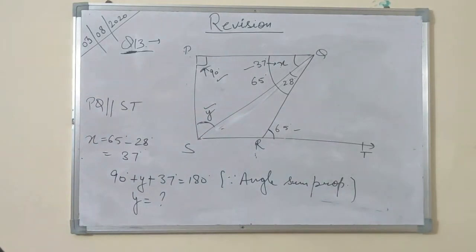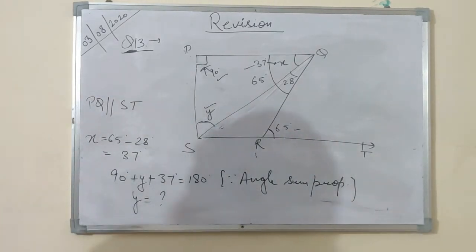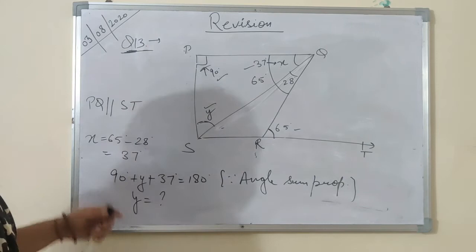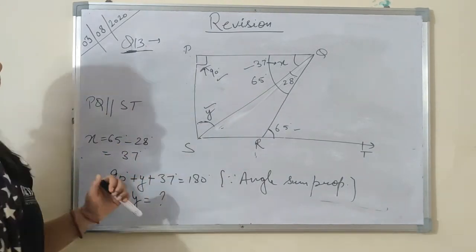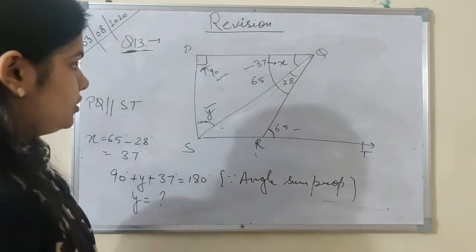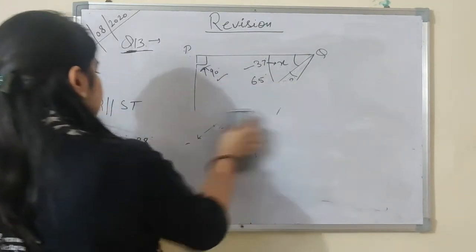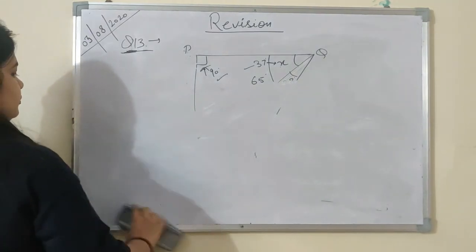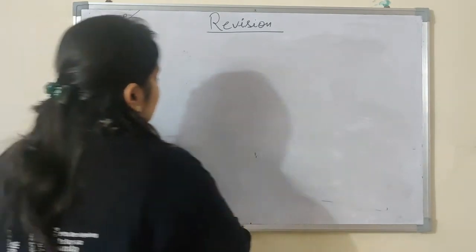Okay. So here are some questions which needed to be discussed. I have discussed it from the test of chapter number 6. If still any doubt is left, then you can take it afterwards. Then come to revision of chapter 12.